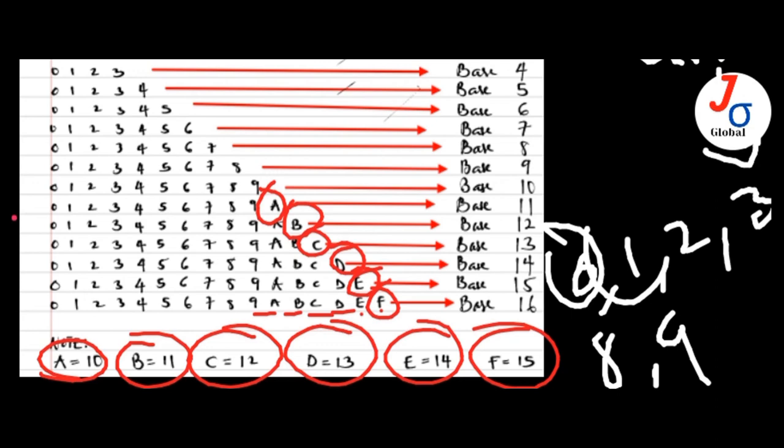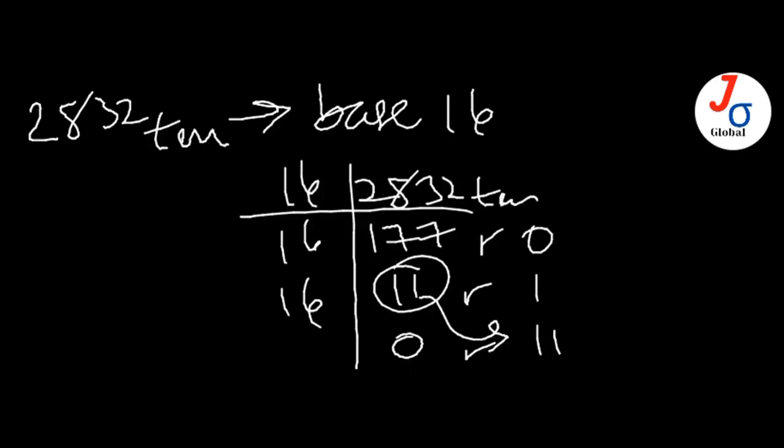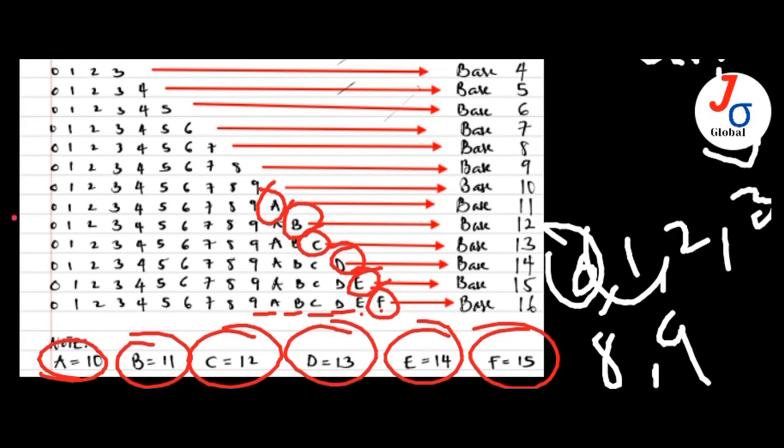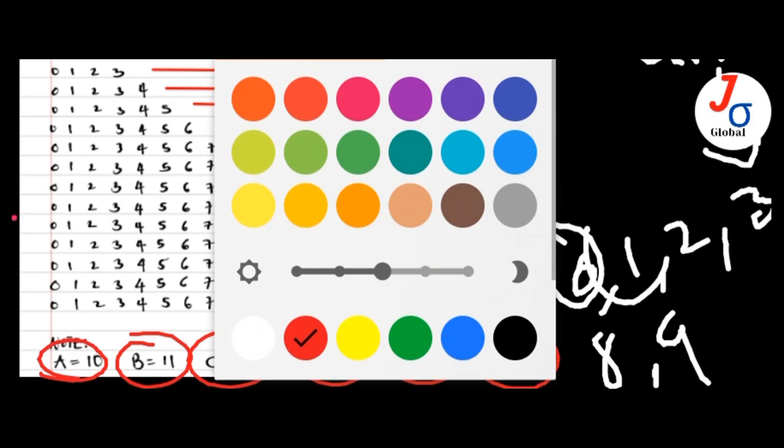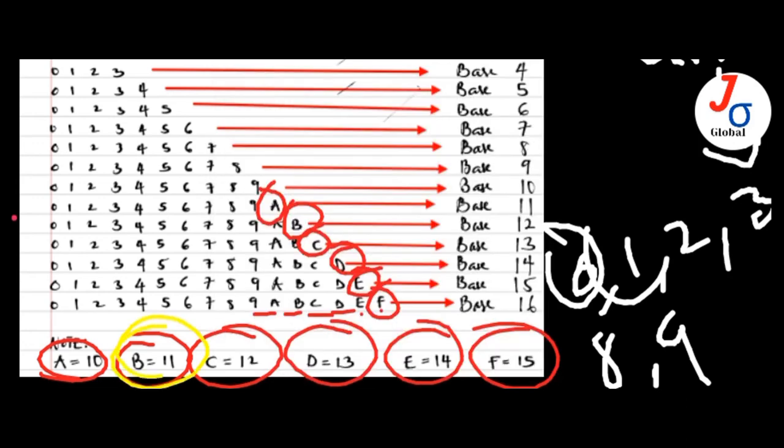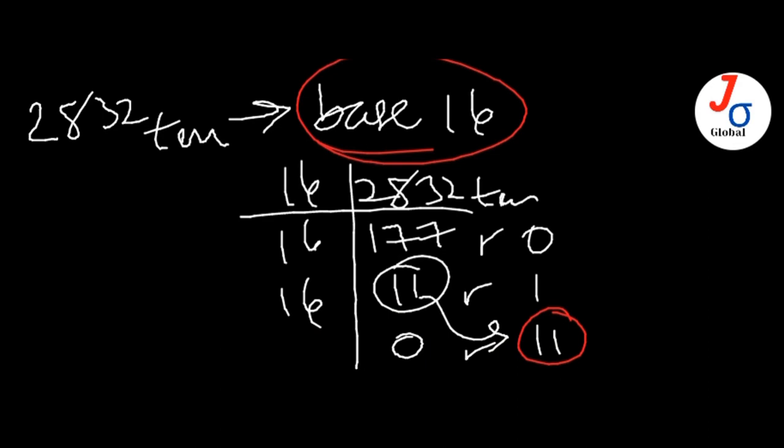So we're going to go back to that example. We are seeing 11 in base 16. So what does 11 in base 16 actually mean? It actually means B. So we're going to convert this back to B. Basically, we're going to count upward.